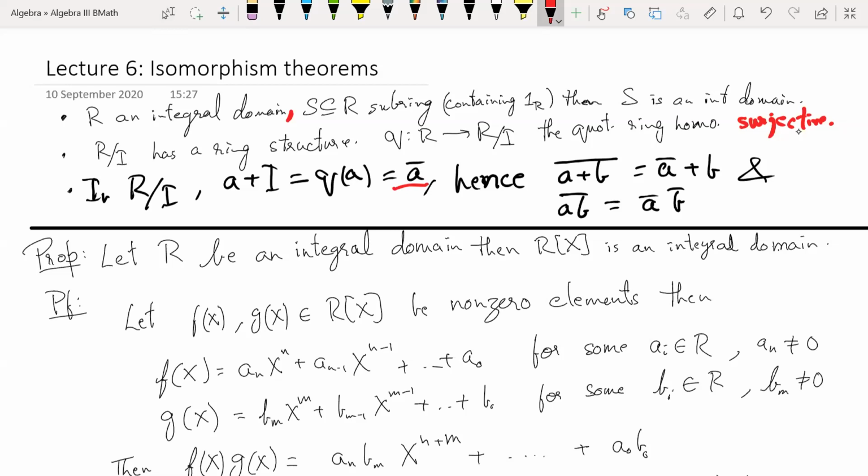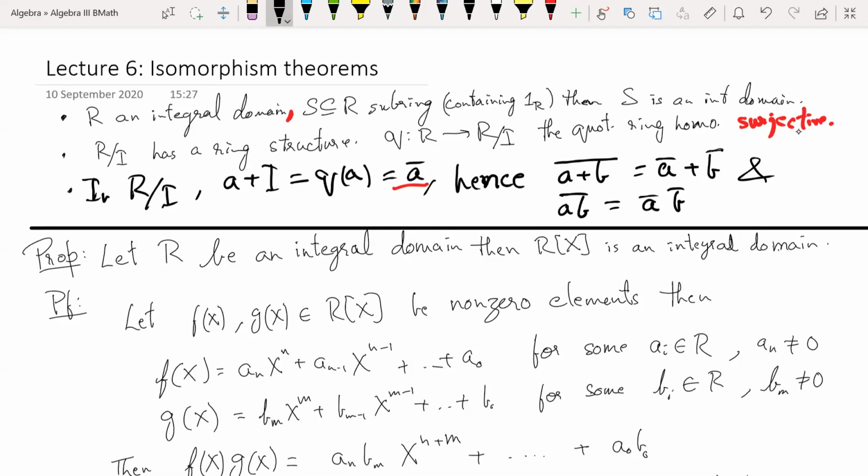By the definition of addition and multiplication, or the fact that q is a ring homomorphism, we have that a plus b whole bar, so you look at a plus b as an element of R and then apply bar, which is the same as applying q, is the same as a bar plus b bar. And then ab bar is the same as a bar times b bar.